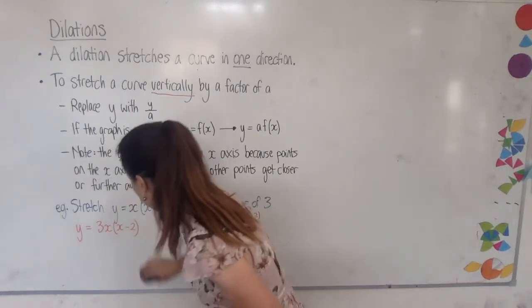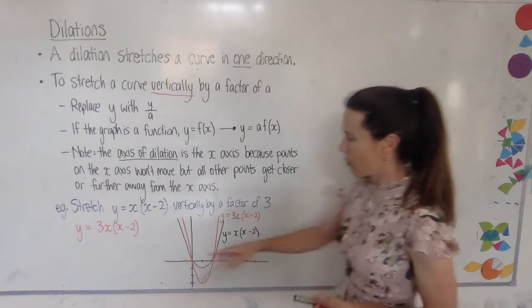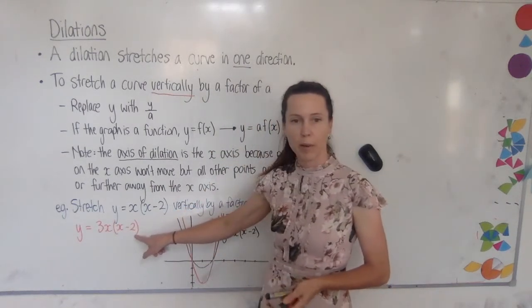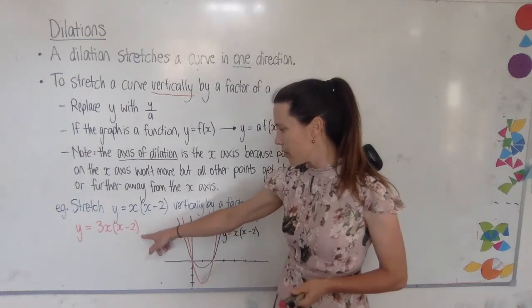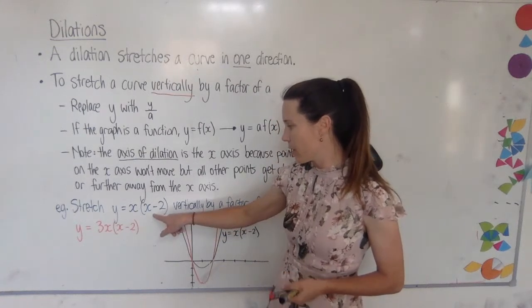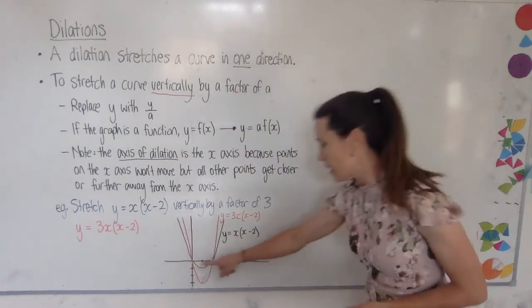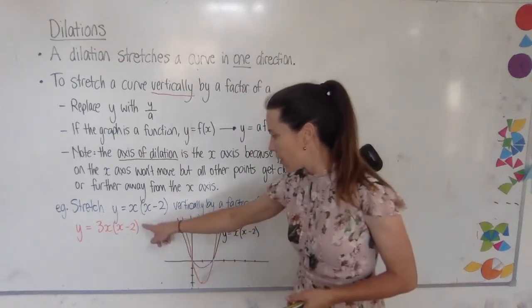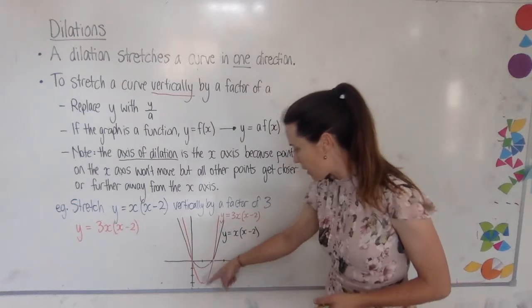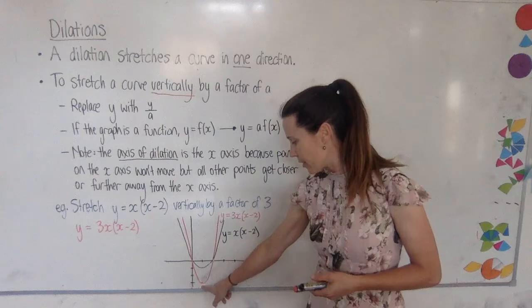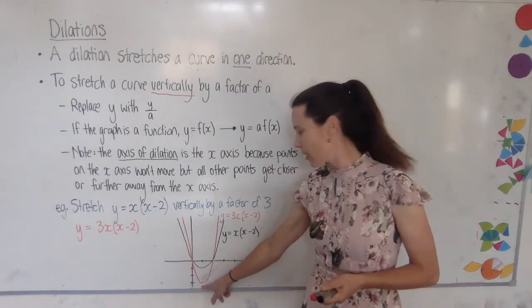Alright, so I can very quickly and easily pop the 3 out the front here, and this will be my new stretched parabola. Now as I go to draw this, you'll see that it's very similar to this one. It's got zeros, or x-intercepts at 0 and 2 as well, in exactly the same two places. So if I graph it in red, it's going to come down like this. Now to get something of the shape of it, finding the coordinates of that vertex is a good idea.